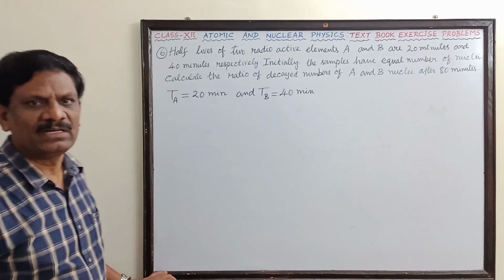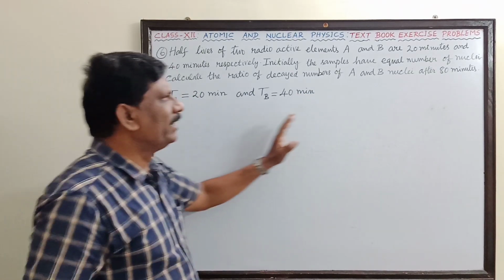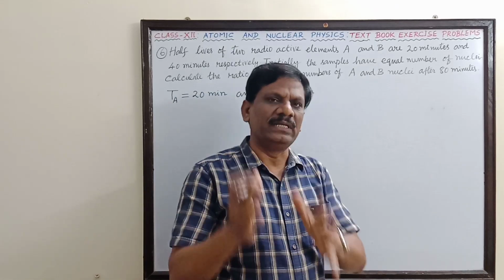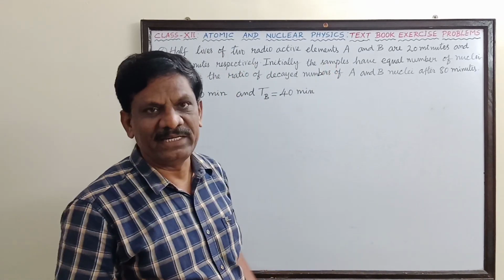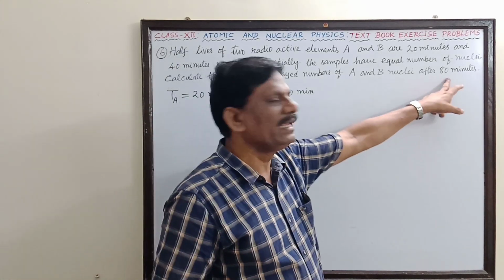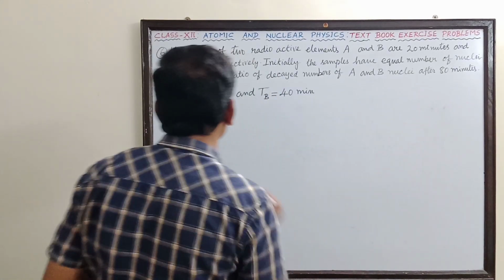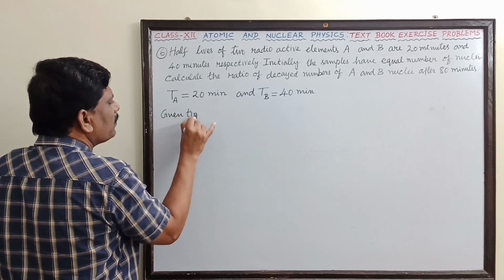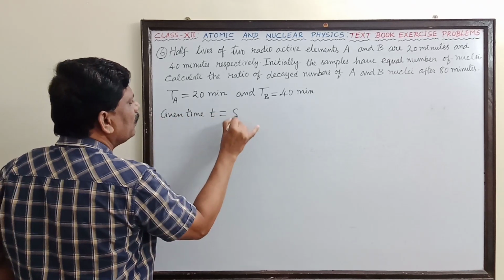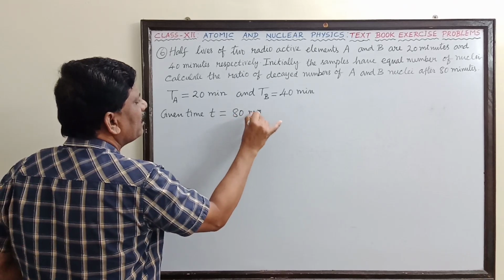Okay, this is given. Now we have to find out the amount of the substance which has decayed after 80 minutes, the given time. So the given time t is equal to 80 minutes.